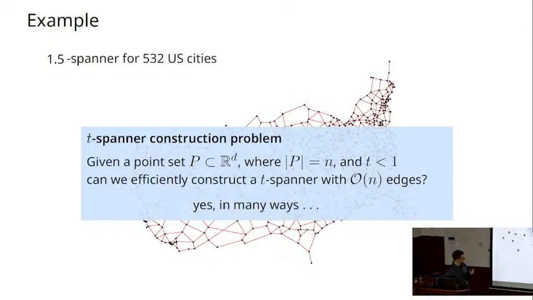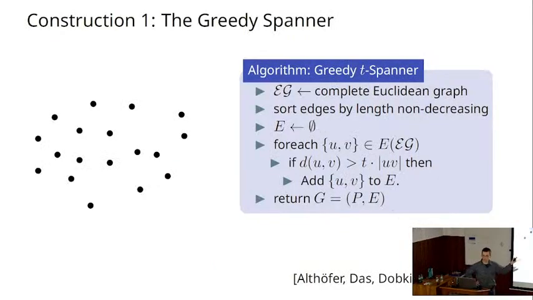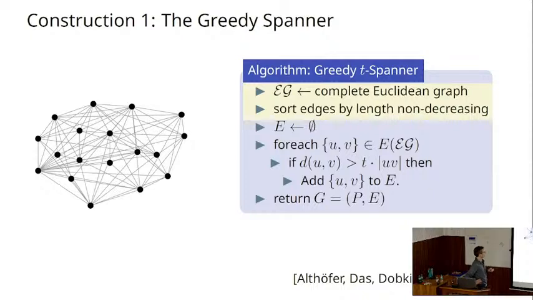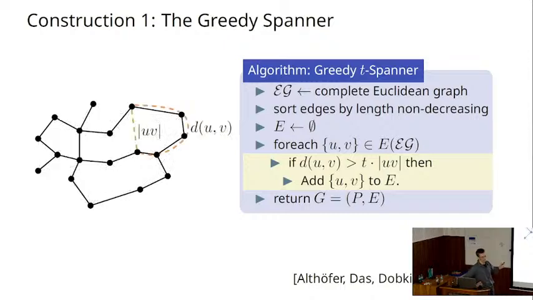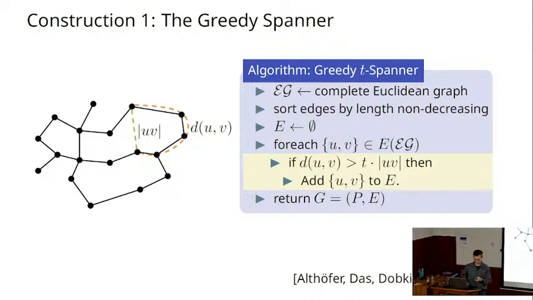The most commonly used construction is the greedy spanner, which we've seen in the previous talk already. You take all pairs of points and sort them by their distance, from short to long. If there's already a t-path, you don't add an edge. If there's not, say this is the graph constructed so far and I'm currently checking this edge, then I compare the shortest path with the Euclidean distance, and if it is more than a factor t longer, I add this edge, otherwise I don't.